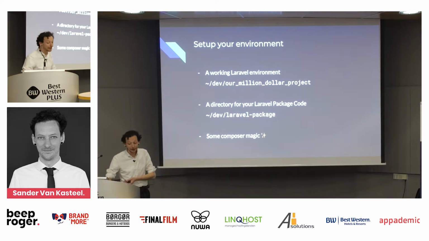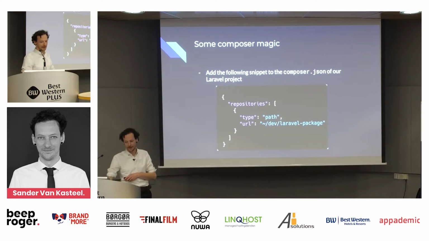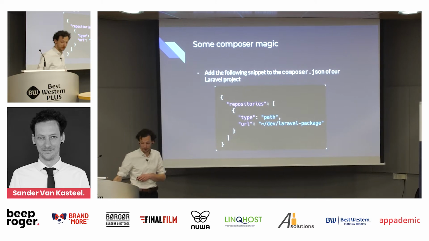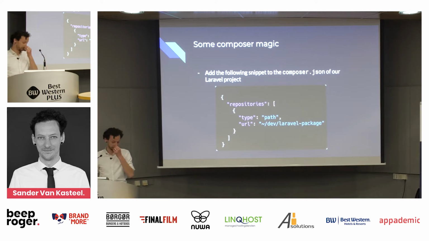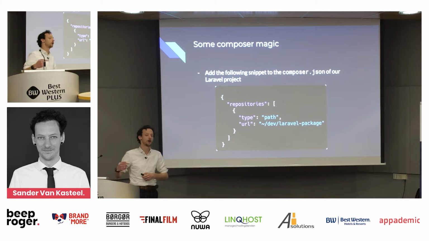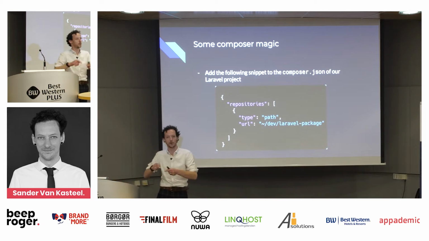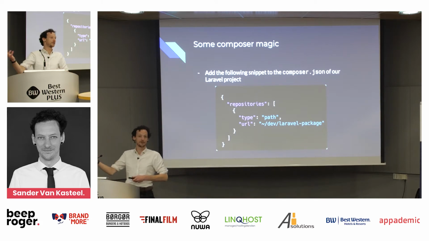And after that, you'll need some Composer magic. And what I mean by that is, in the composer.json of your project, you'll need to define the path as a repository with the path pointing towards the code of your Laravel package. So that once you run composer require in your package, it will try and fetch that from that directory.